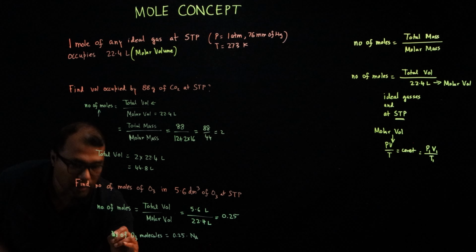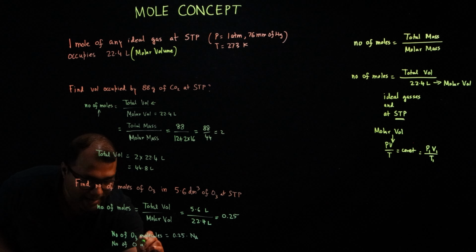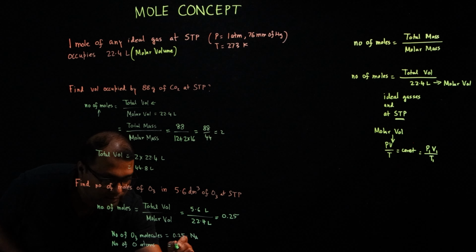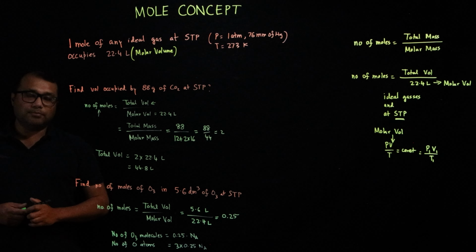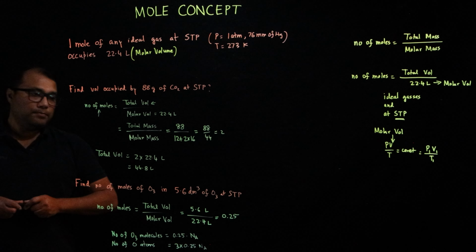If they ask you how many oxygen atoms are there, then it will be 3 times 0.25 Na, because there are 3 atoms of oxygen in one molecule of ozone.